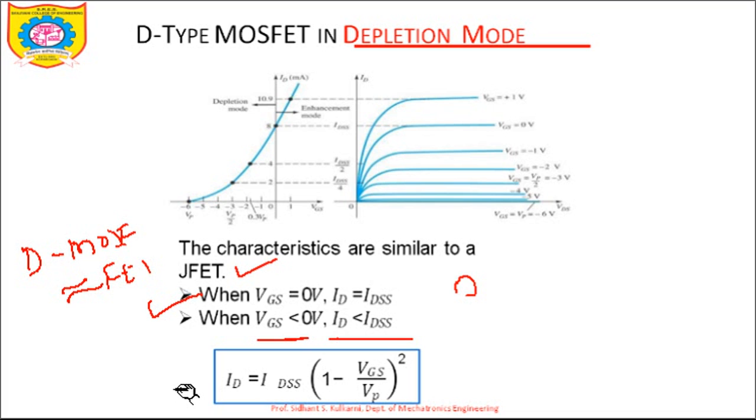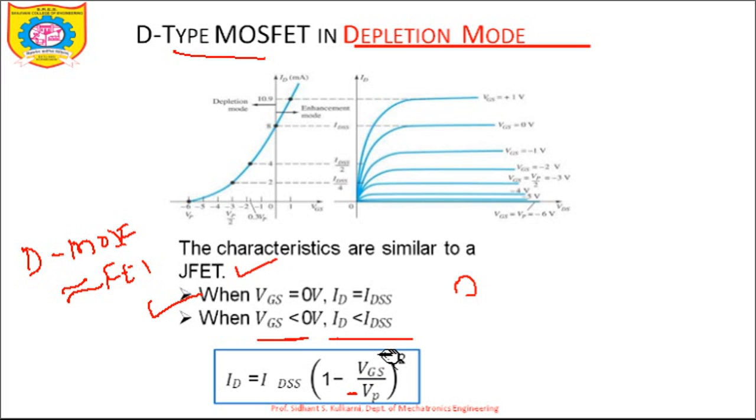And one equation that you can remember, ID is equal to IDSS times 1 minus VGS upon VP, squared. Remember, when the D type of a MOSFET is operated in the depletion mode, you should take the value of VP as minus. I'll repeat this because this is very important.